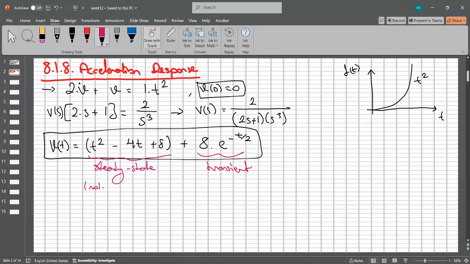It's not diminishing. Okay? But in any case here, t is going to infinity. There is always a steady state error.